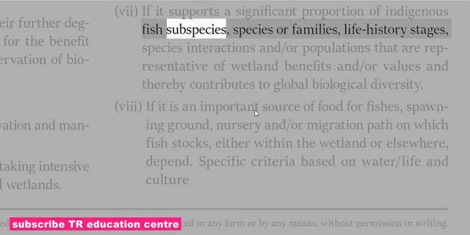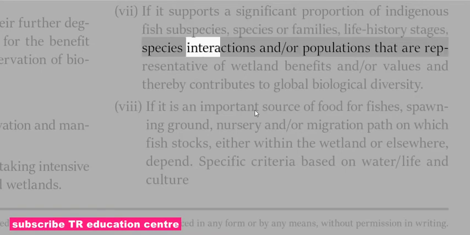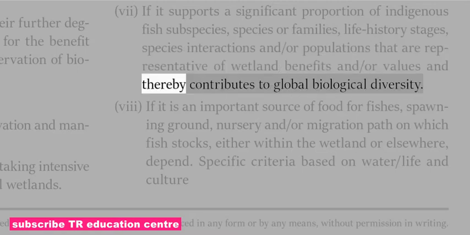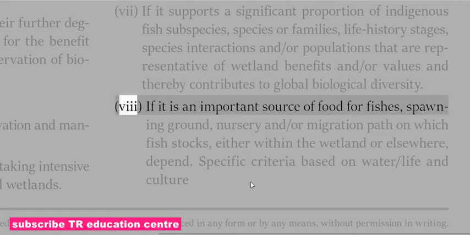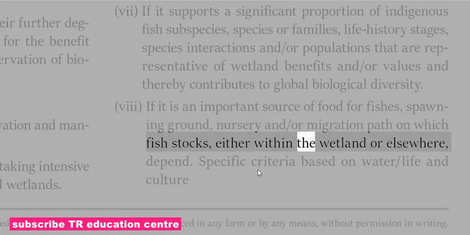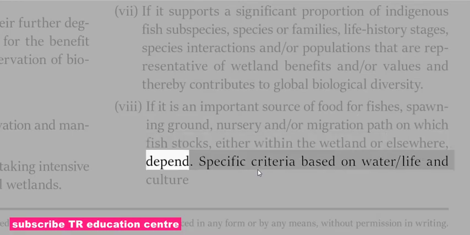indigenous fish subspecies, species or families, life history stages, species interactions and or populations that are representative of wetland benefits and or values and thereby contributes to global biological diversity. 8. If it is an important source of food for fishes, spawning ground, nursery and or migration path on which fish stocks, either within the wetland or elsewhere, depend.